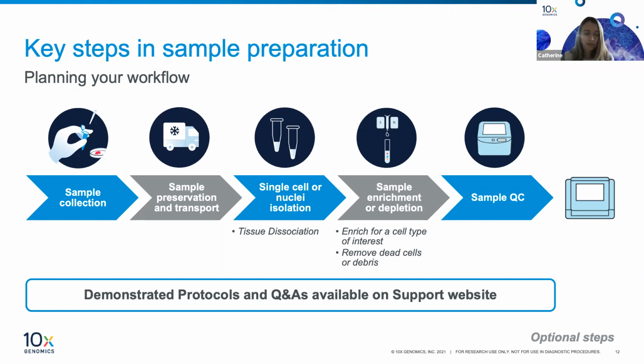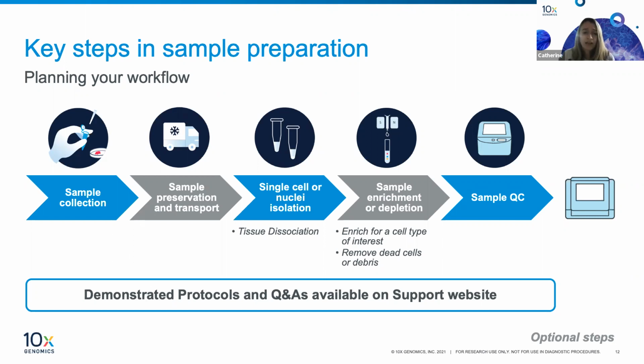For example, we might be looking to enrich a certain cell type, or we might need to remove dead cells because our viability is low. And then at the end we do need to do a sample QC. So that's a typical sample preparation workflow. The steps in blue are critical and required steps. The steps in grey are potentially required or optional steps.